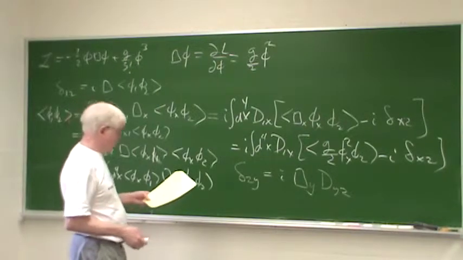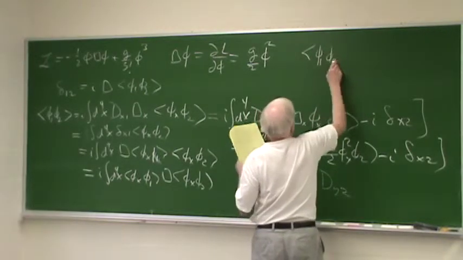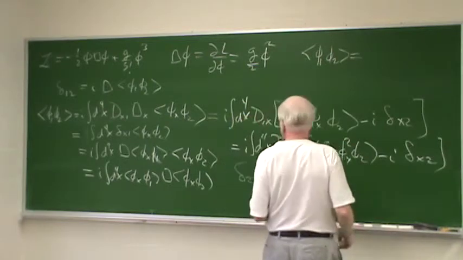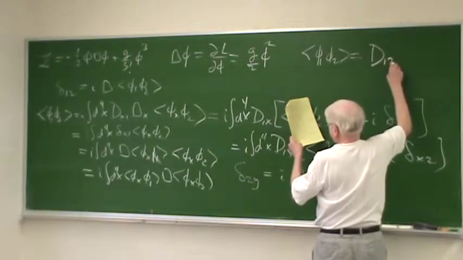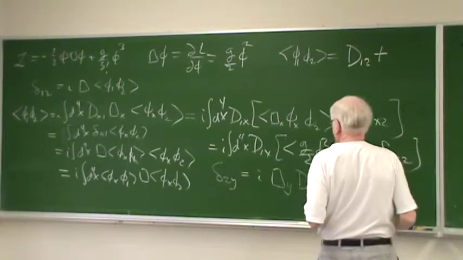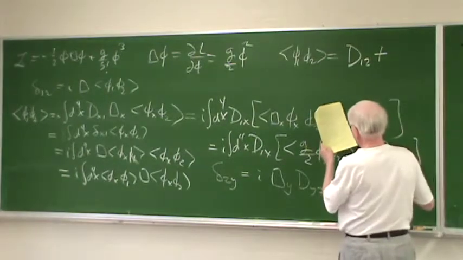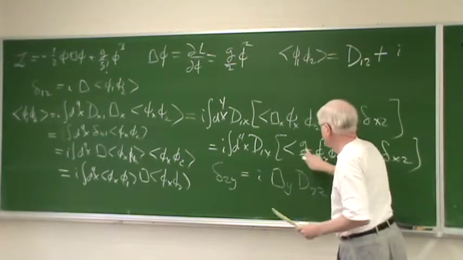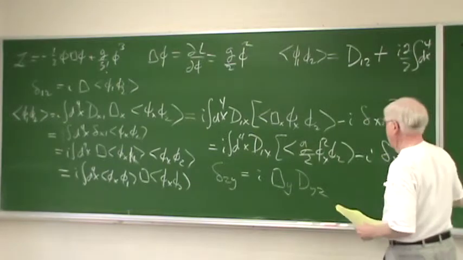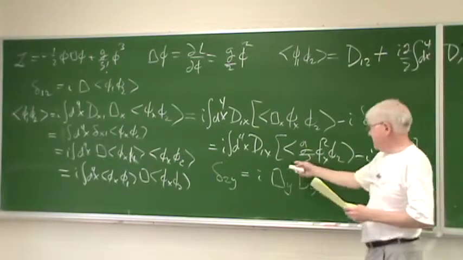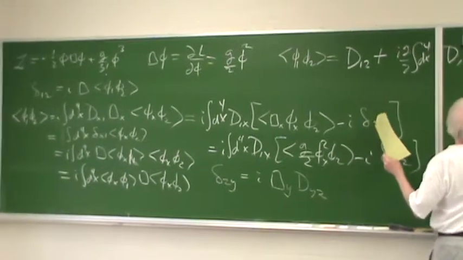And we're going to integrate by parts, and so we get <phi_1 phi_2> is Delta(12) plus, and the Delta(12) comes from this contact term, and then the next term is i g over 2 integral d^4x, and we have the Delta(1x), and then we have <phi(x) squared phi_2>.